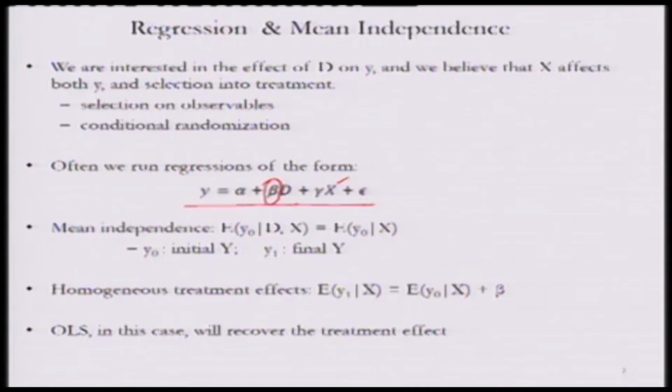Now, the typical mean independence assumption that we require to have a consistent or unbiased estimate of beta is that the expectation of y0 given d and x is equal to the expectation of y0 given x. What does this mean? Let us say d is some kind of experimental intervention.